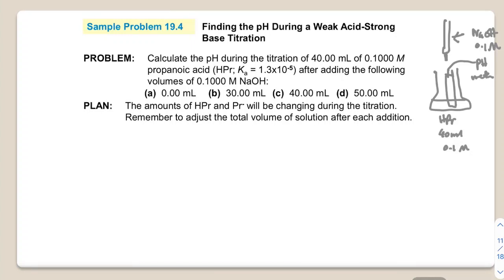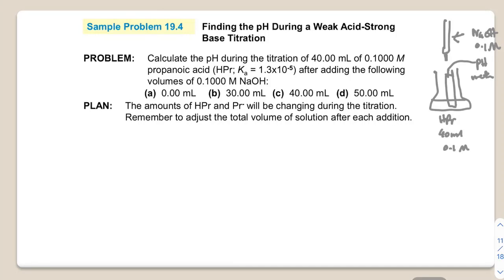How do we know that the one in this conical flask is the HPr? Because the amount and also concentration is given: a fixed volume, which is 40 ml, and also the concentration. However, for the sodium hydroxide, no volume is given. And then the question also says that after adding the following volume of the sodium hydroxide, which shows that sodium hydroxide is the one in the burette.